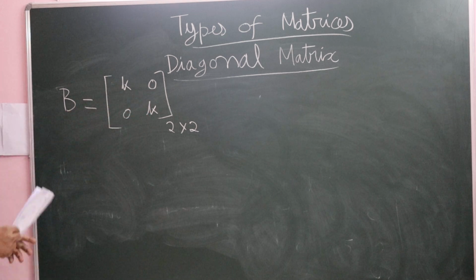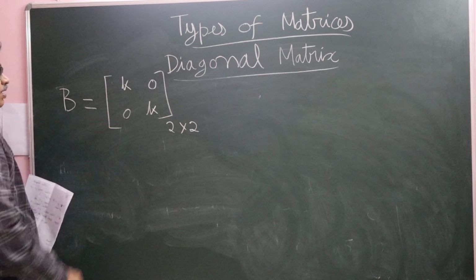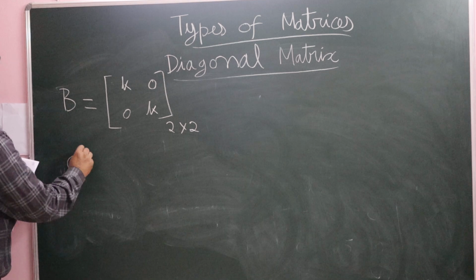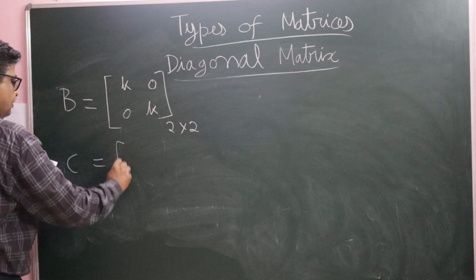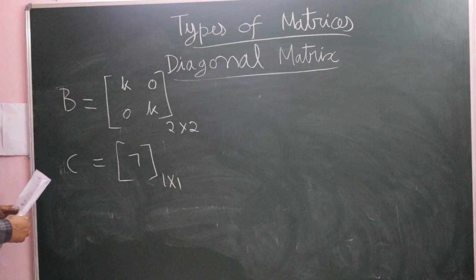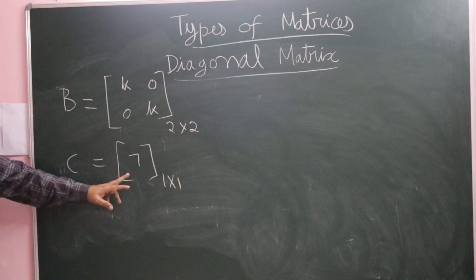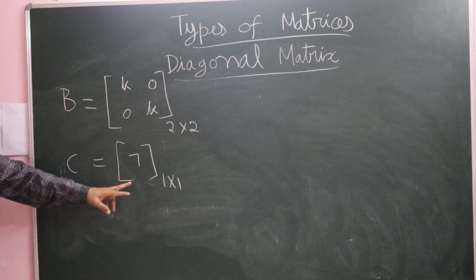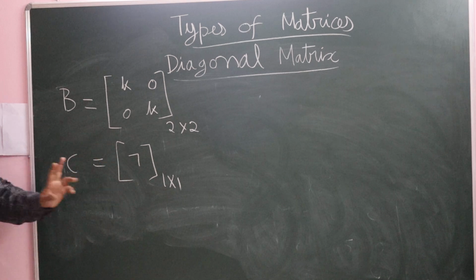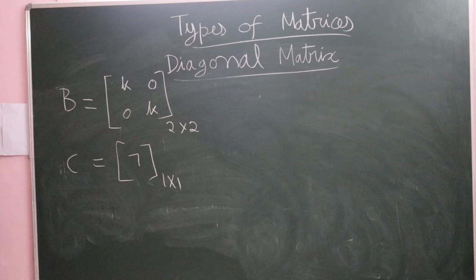Then it is another example of a diagonal matrix. This is also a diagonal matrix, a 1 by 1 diagonal matrix. Only one row, one column. Right? This is also another example of a diagonal matrix.